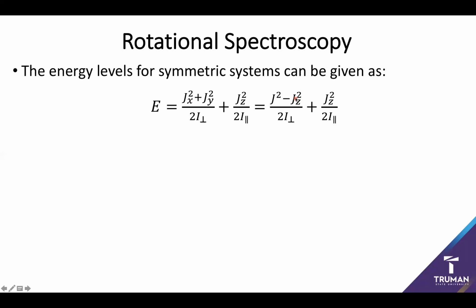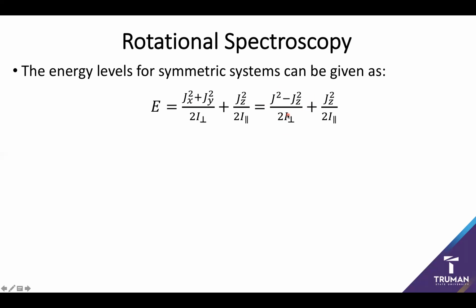However, this does give us a slightly odd structure, as now instead of the single term in terms of the total angular momentum, which I had for a spherical rotor, now I've got a rotation that's dependent on the total angular momentum, but also the angular momentum in the z direction, squared. One of the other ways we can imagine looking at this equation is, what if my whole system operated like a spherical rotor with a moment of inertia of that in the perpendicular direction.